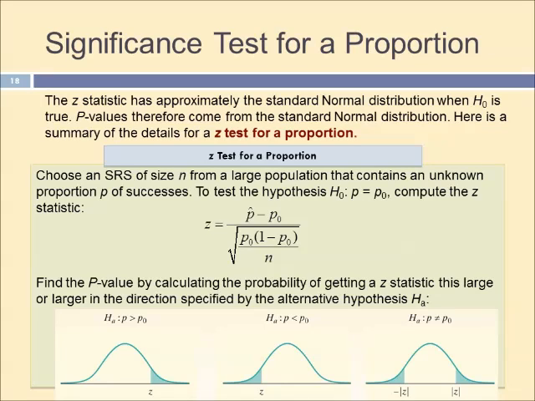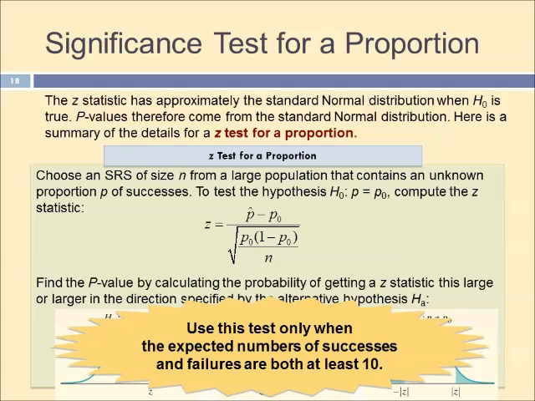It's the sample proportion minus the hypothesized proportion, over the square root of the hypothesized proportion times 1 minus the hypothesized proportion, divided by n. And then we have the usual one-sided and two-sided tests depending on the alternative hypothesis.